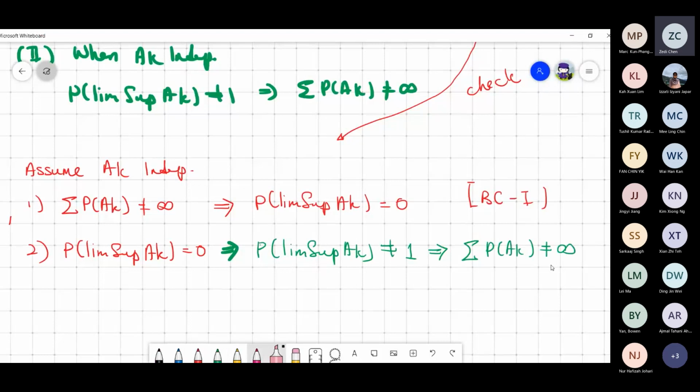So that's why we can have this also imply this.